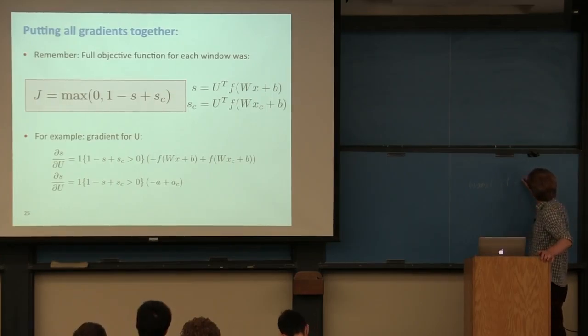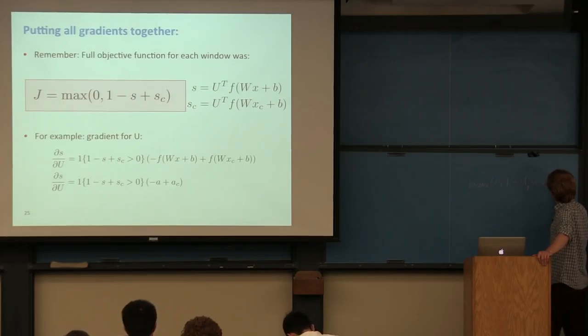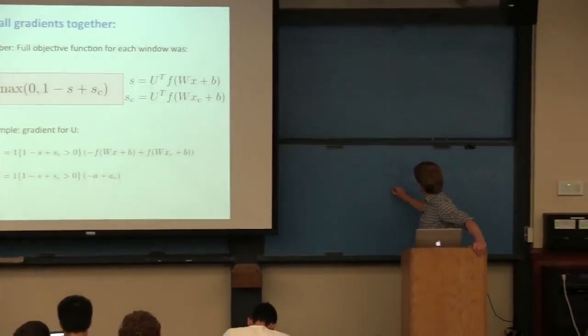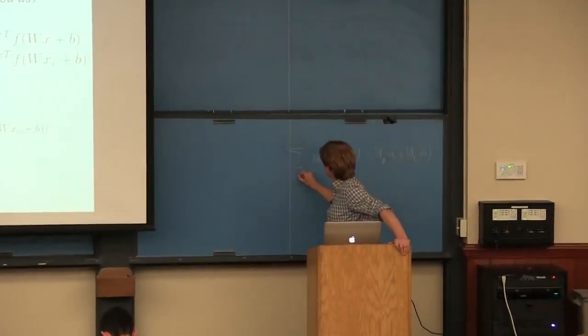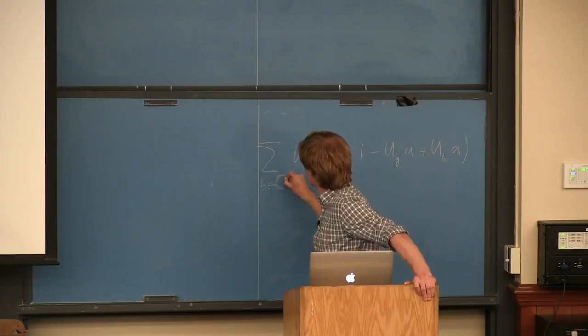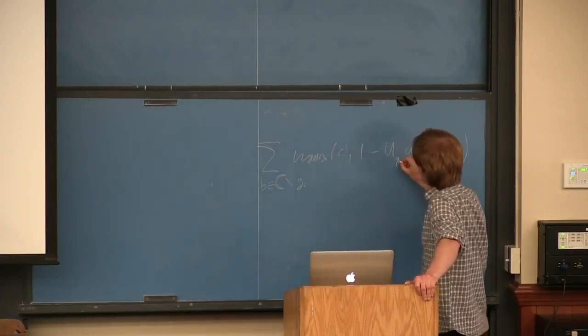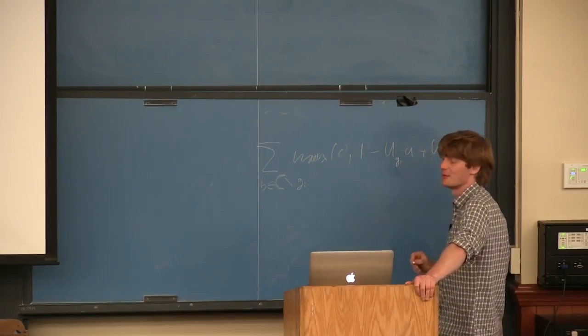could be that you have U of the correct class for something, or maybe I shouldn't use correct. Let's call it good, times A, plus U of one that isn't correct, so let's call it the bad one, A. And then you would sum over all the bad classes, where B is in the set of all the classes C except the good class for this example window.